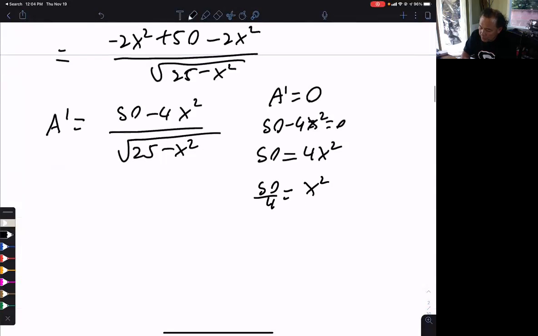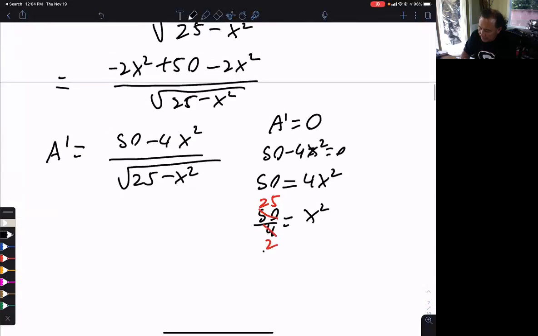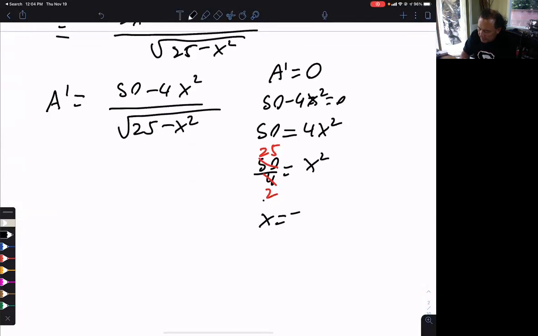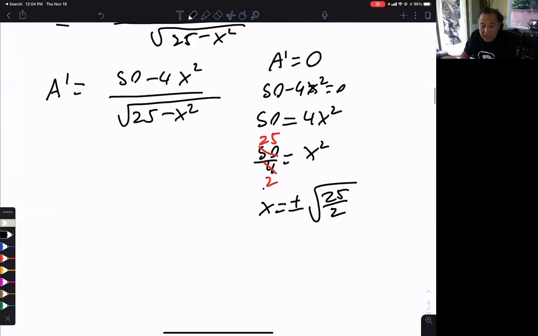Let me divide by 2. Let me square root both sides. But we're talking about lengths, so we're not going to have negatives. So I can ignore the negative. And the square root of 25 is 5. So 5 over radical 2 is my critical point.